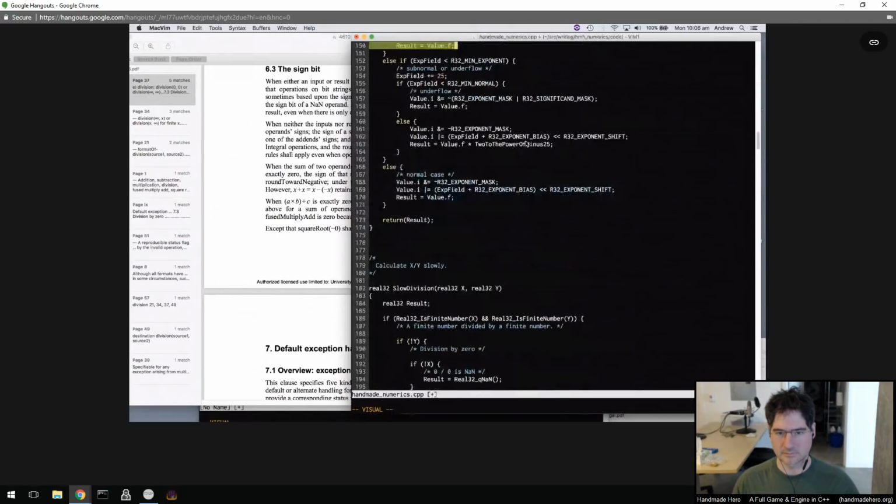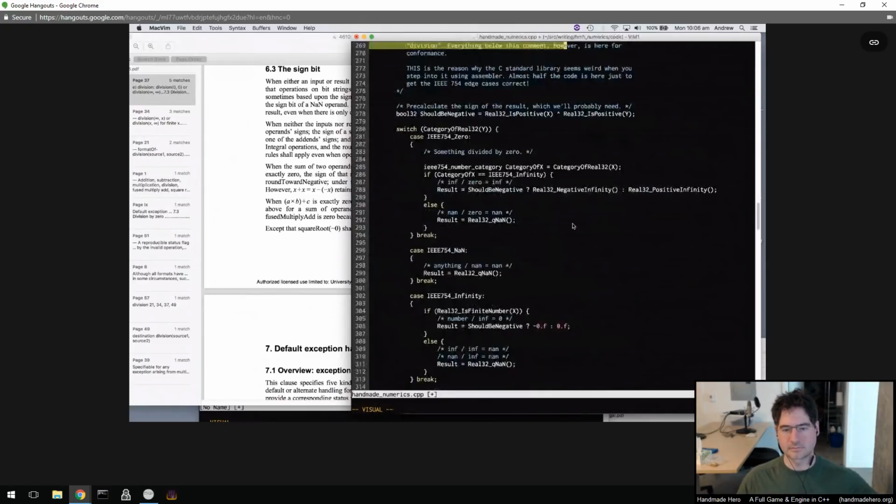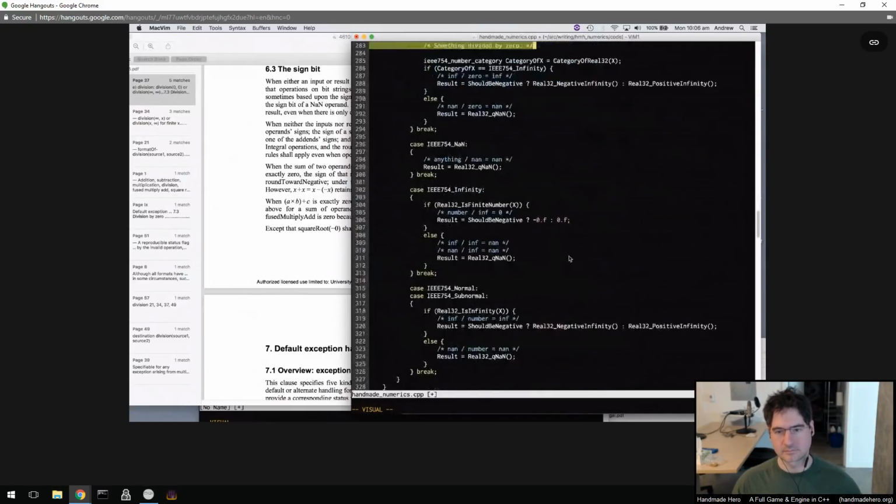So that stuff is division, and this stuff is compliance. Now, this isn't very much circuitry in an FPU, but in a software library, it's a lot of code. And it's just to get all of these cases correct.